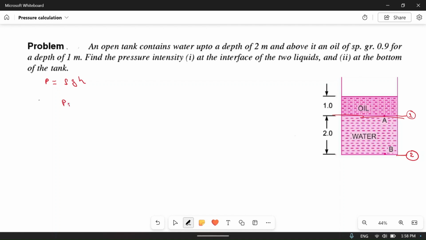So pressure at point 1 will be density of oil, which is specific gravity 0.9 into density of water, into g 9.81, into height of the column 1 meter. If you multiply these three, you will get 8829 Newton per meter square.